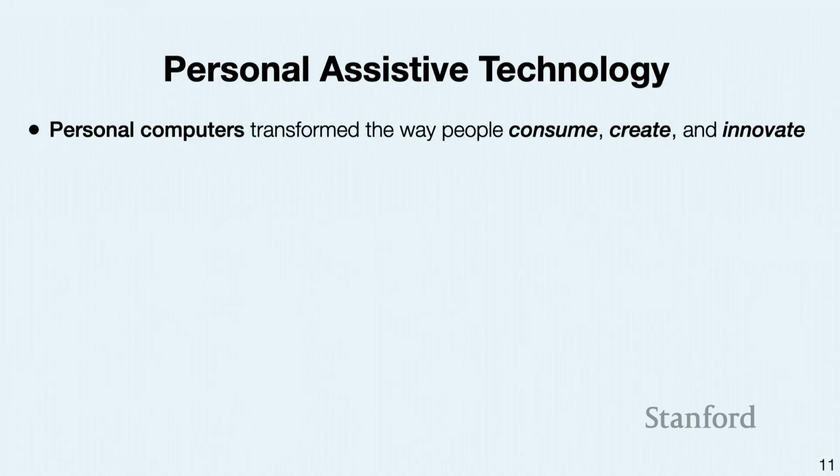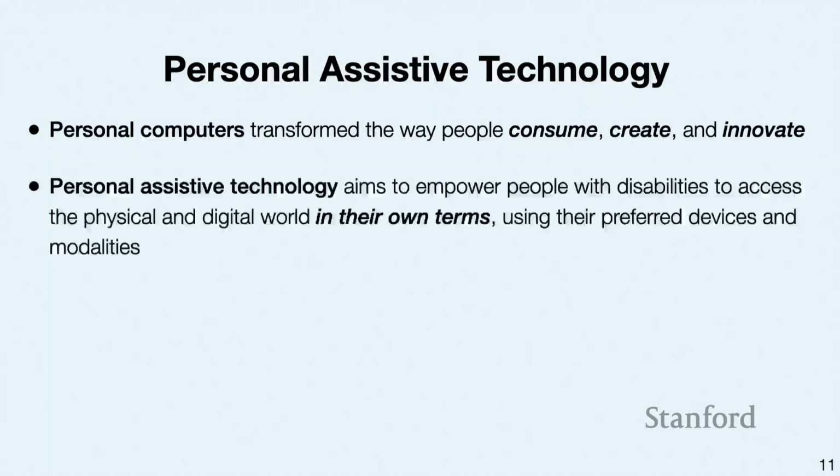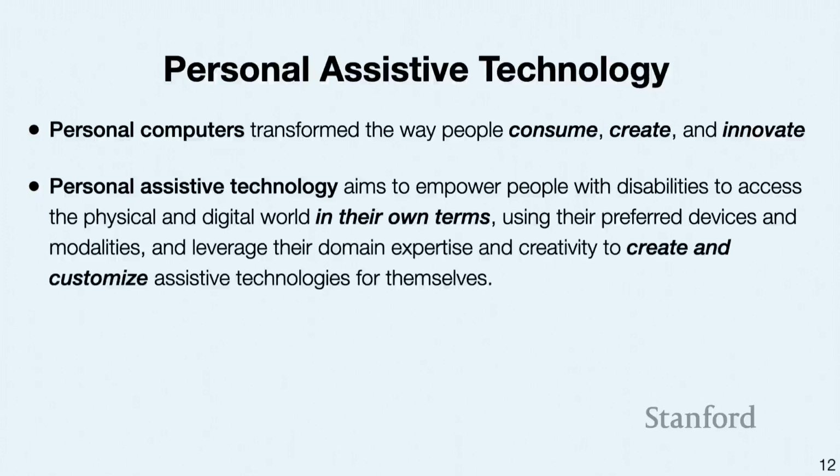And mapping this to personal assistive technology, the idea is that personal assistive technology aims to empower people with disabilities to access the physical and digital world on their own terms using their preferred devices and modalities, and to leverage their domain expertise to create and customize technology for themselves.